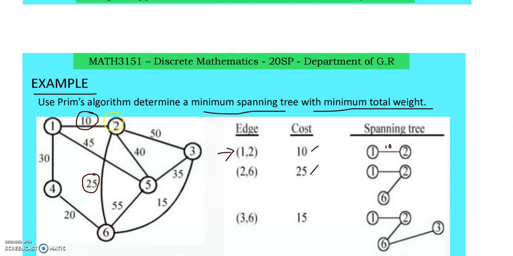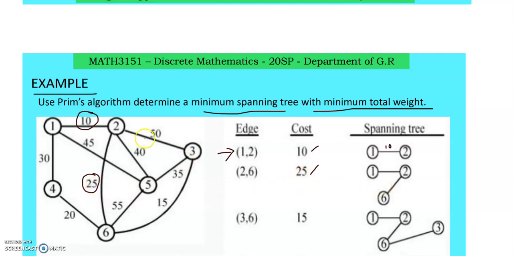Whatever you add to the already existing spanning tree, you are adding the edge. This should not create a circuit. That is very important. When you add a new edge, it has to form a tree. It should not create a circuit. That is very important.